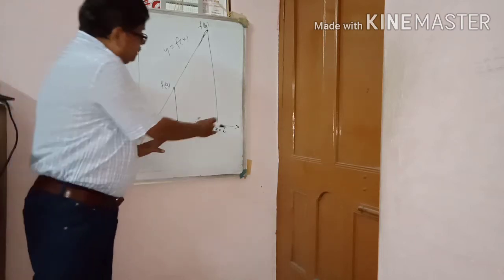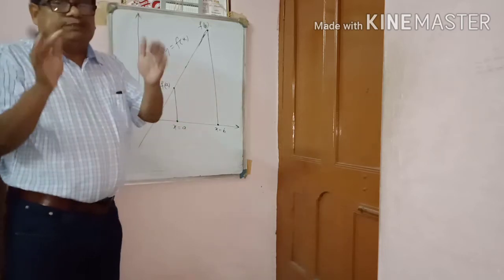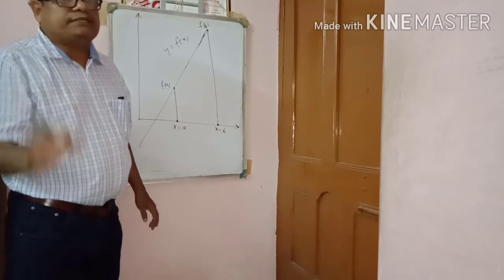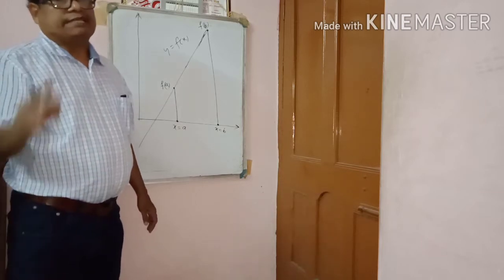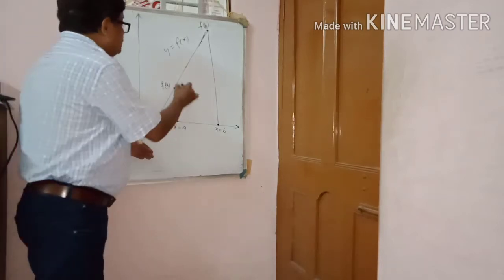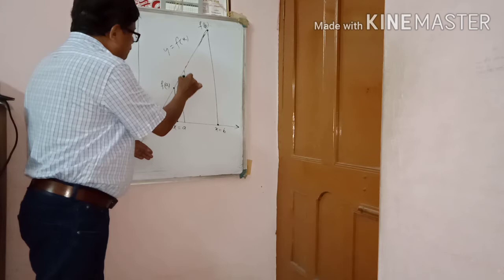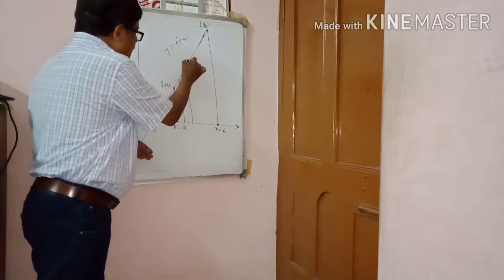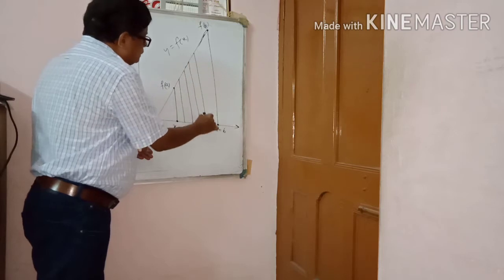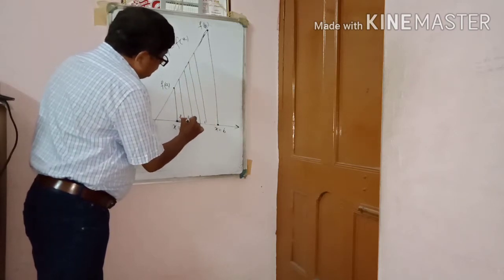Now, in this interval ab, we have to divide into n number of sub-intervals. Find out each of length h, equal length.